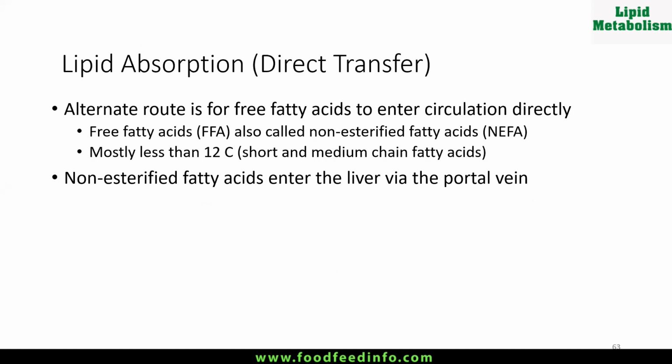The alternate route for free fatty acids to enter the circulation directly: the free fatty acids, which are also known as non-esterified fatty acids, are usually the fatty acids having carbon number less than 12.